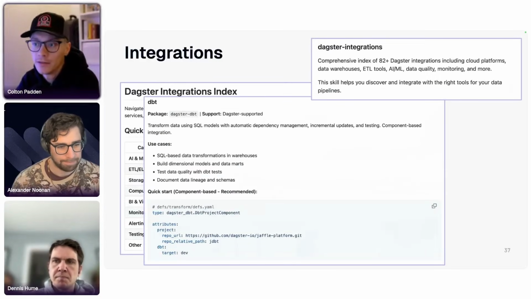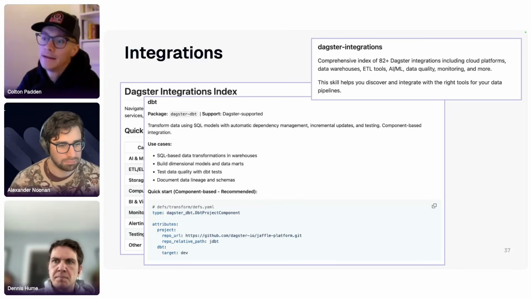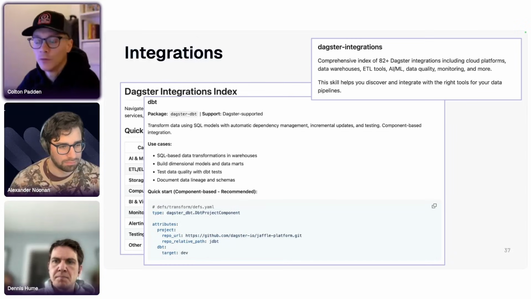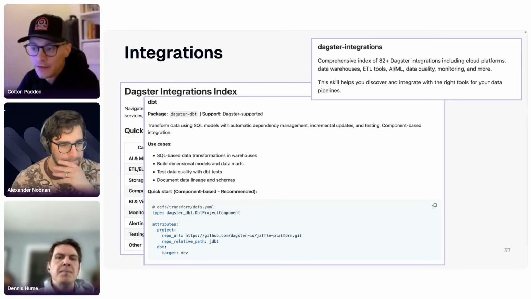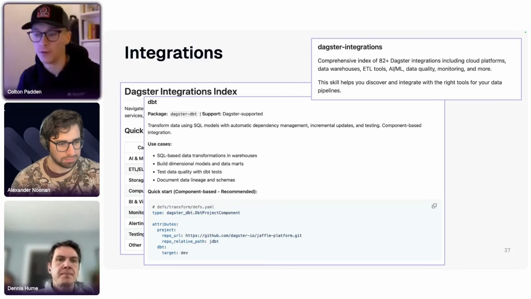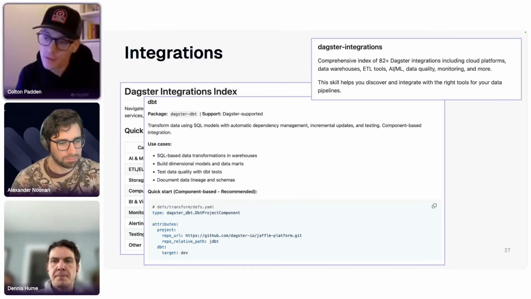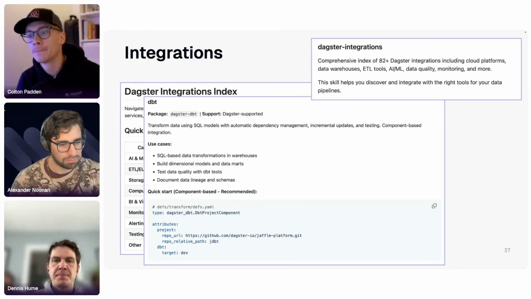Just as a quick example, here is the DBT documentation for the skill. You can see that we're recommending this component-based approach where you have a little YAML file and you can configure a DBT project in this remote repo. But there are other ways to use the DBT integration as well, and that's also encoded in the skill.